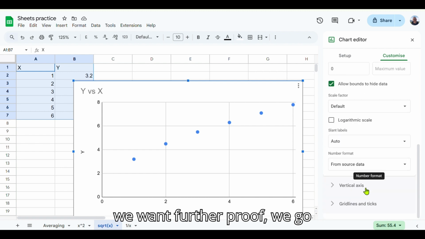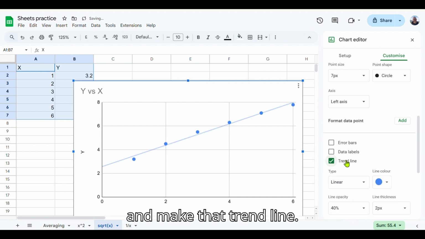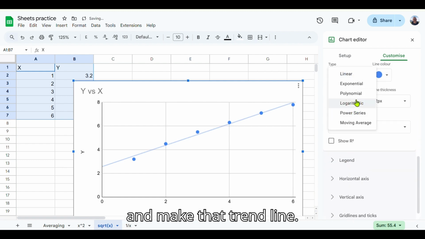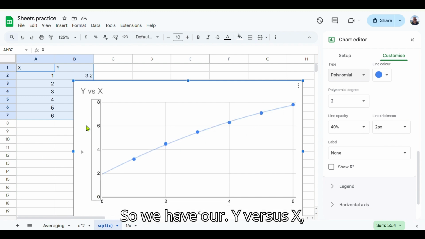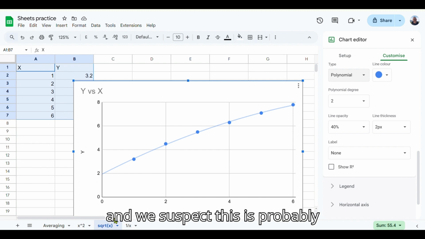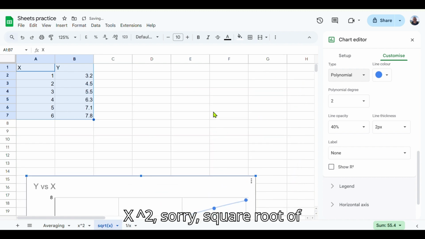So if we want further proof, we go to series and select trend line and make that trend line polynomial. Okay, so we have our y versus x, and we suspect this is probably square root of x.